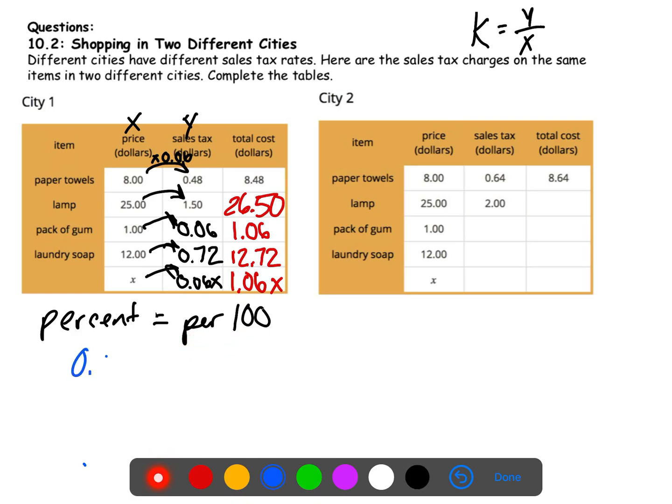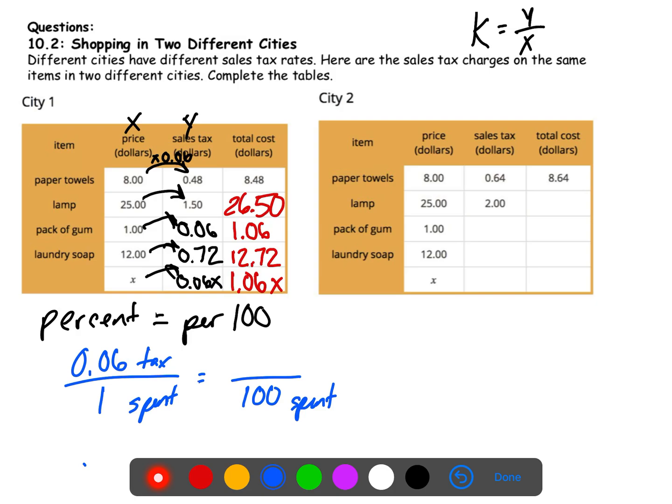If we were paying 6 cents in tax for every $1 spent, now if we're looking at a percentage, we're looking at out of $100 spent, how much would we be paying in tax?